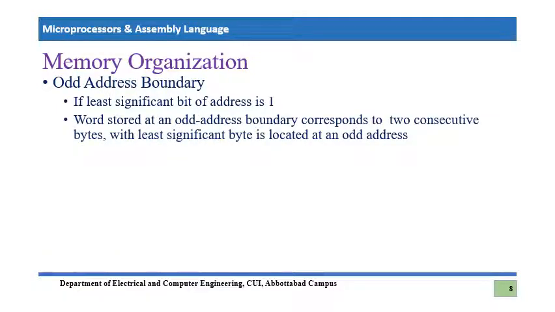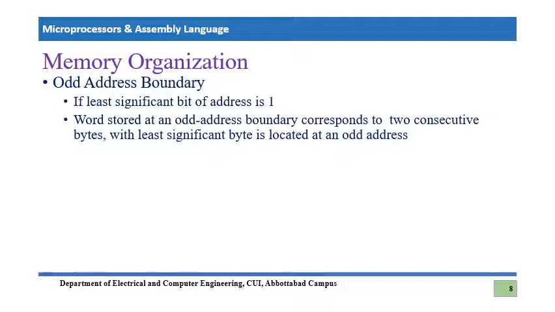Furthermore, as we know, the microprocessor fetches not just one single byte, rather it fetches 2 bytes of information, a complete word. So how are we going to identify whether the word is coming from an odd address boundary or an even address boundary? It depends upon the least significant byte's address.